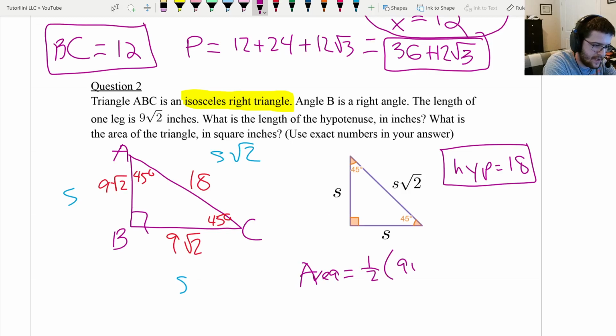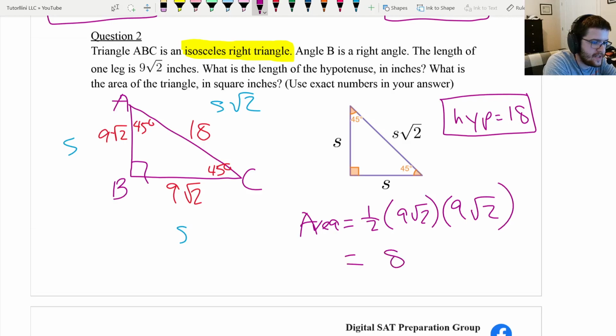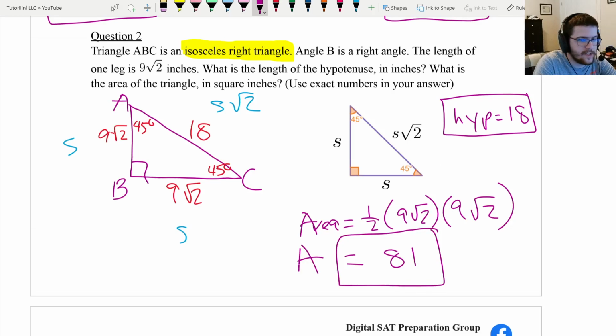So 1/2 9 root 2 times 9 root 2, which should be, let's see what that is. 1/2 9 root 2, 9 root 2. Should be 81. So the area should be 81 square inches. Okay, looks good. Let's keep going.